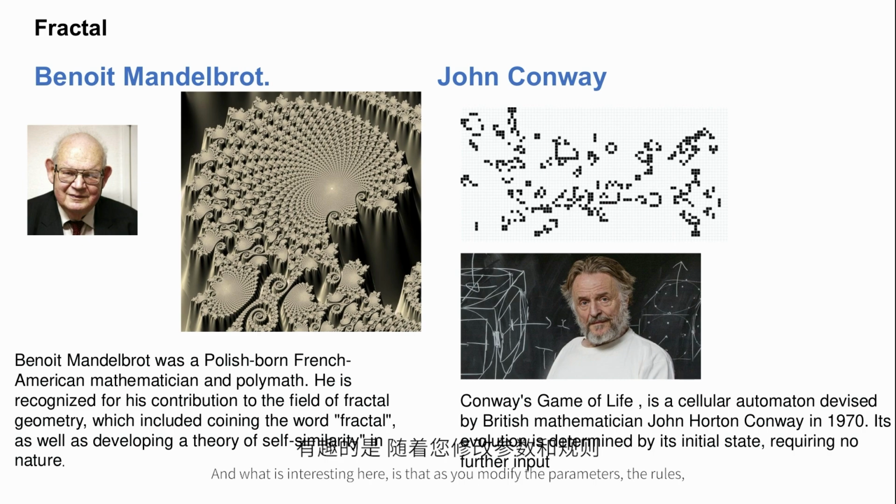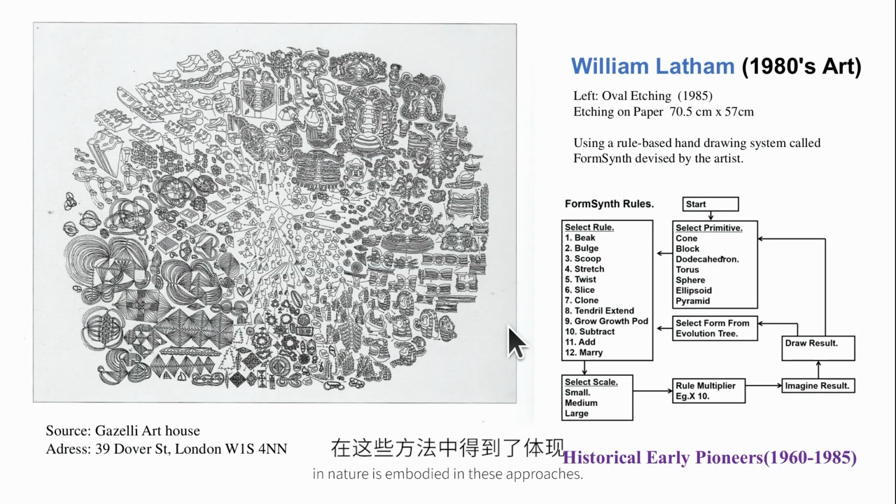And what's interesting here is that as you modify the parameters, the rules, unexpected events occur, unexpected forms are created. Hence the name Game of Life as a very early approximation of how shapes in nature might appear, or at least the idea of sophisticated shapes appearing in nature is embodied in these approaches.